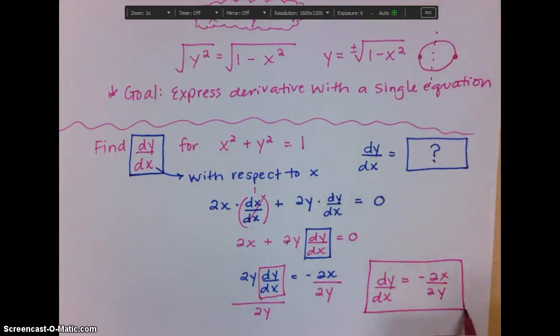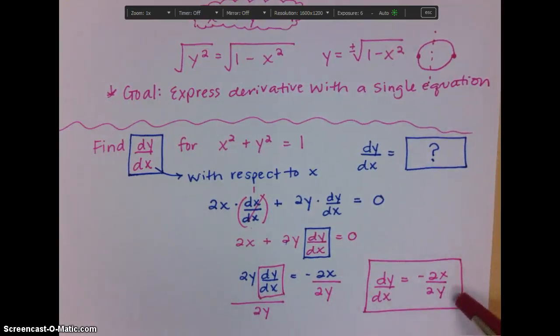So it's not in the form that we're used to seeing in terms of derivatives. We've got x's and y's in our derivative answer, and that should happen when it's not a function and you've got both x's and y's in the equation.